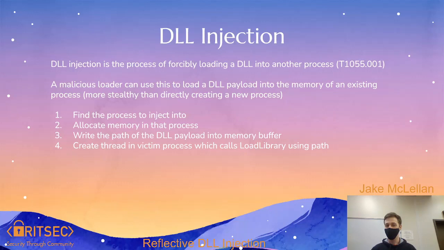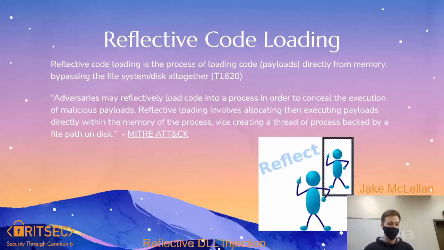And what happens is that LoadLibrary call, assuming you use CreateRemoteThreadEx, whatever, gets called in the context of the victim process, and the DLL is loaded into the victim process. Let's go, malware.